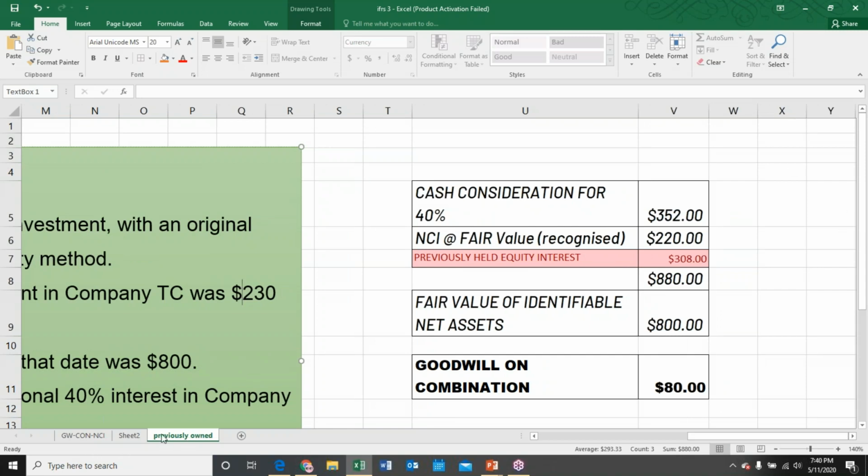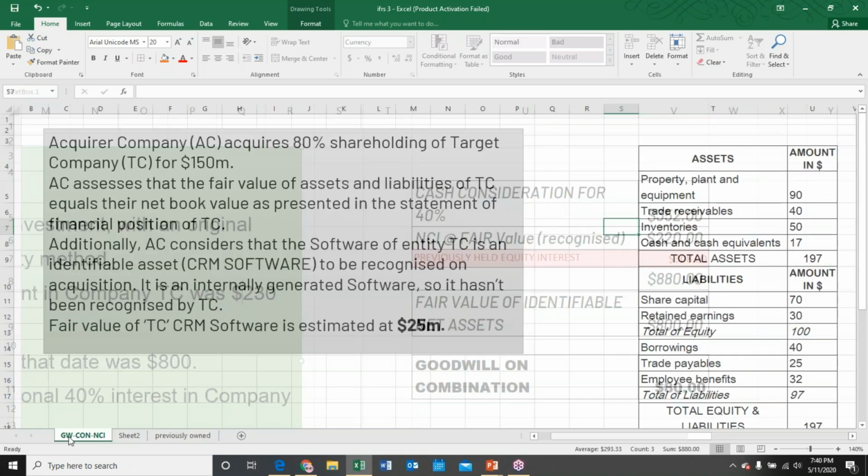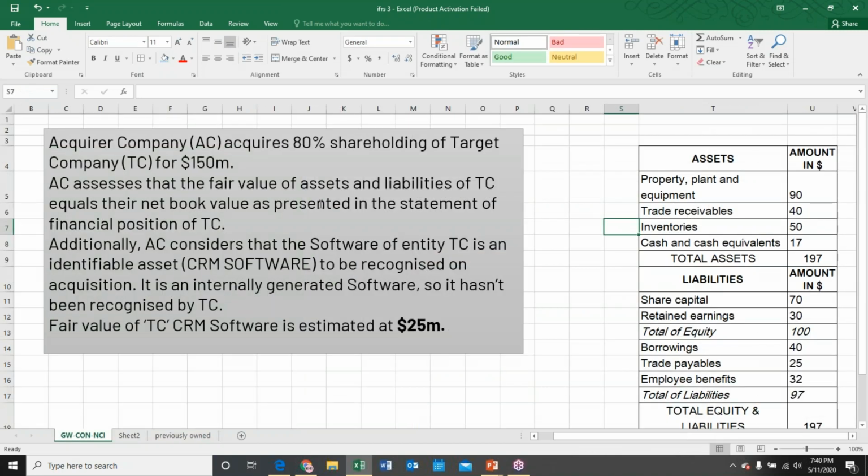So here was the step acquisition, and here is my partial acquisition. Any acquisition within the scope of IFRS will come down to these two types only. I will either have a step acquisition or a partial acquisition. Under partial acquisition, this is the way of calculating my goodwill.